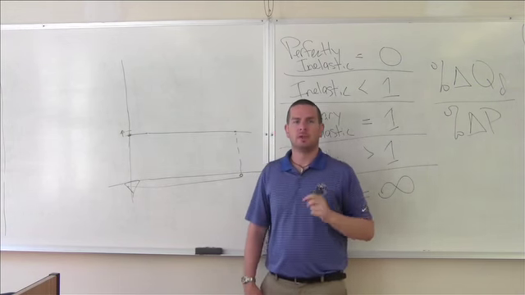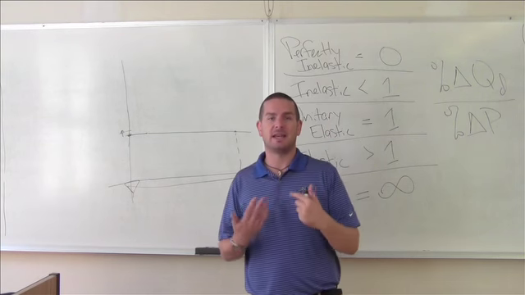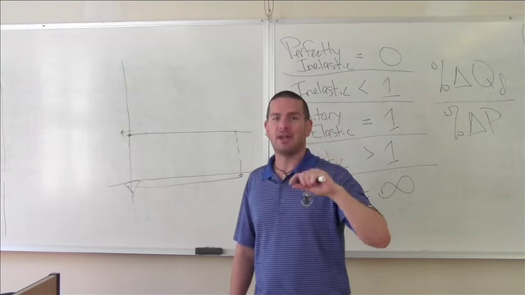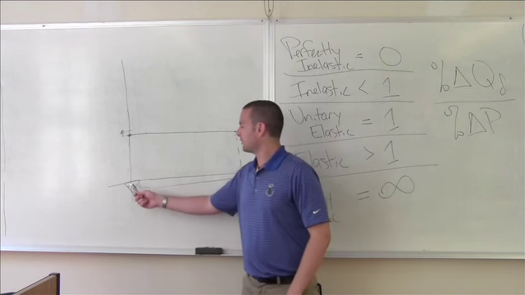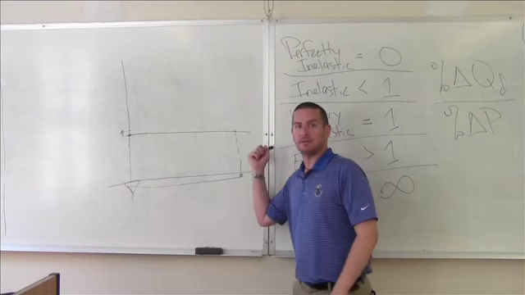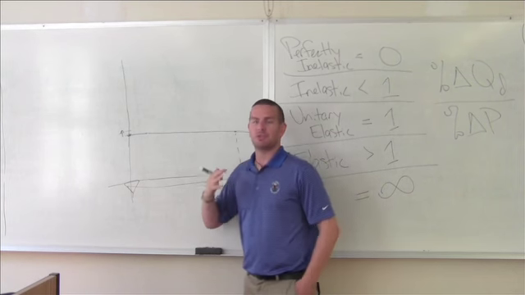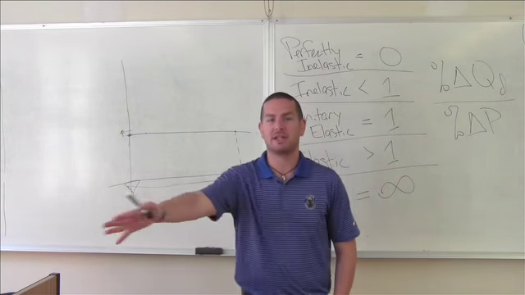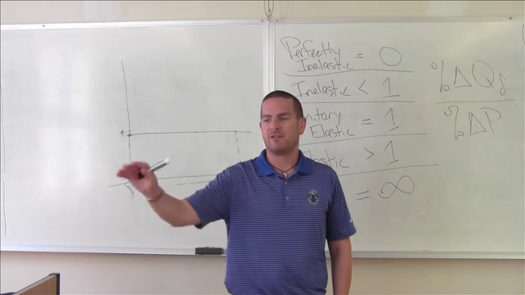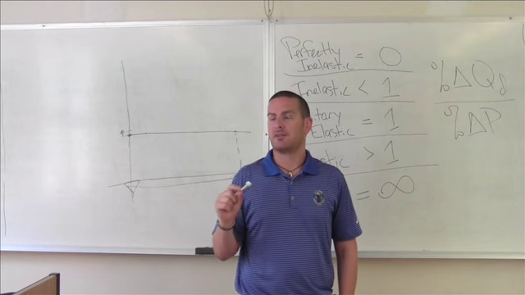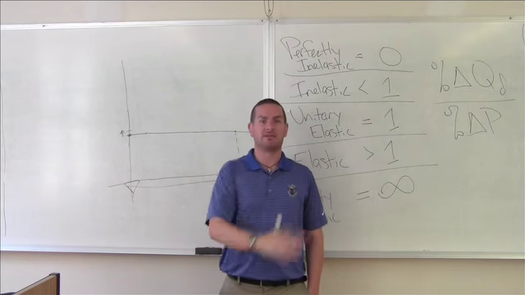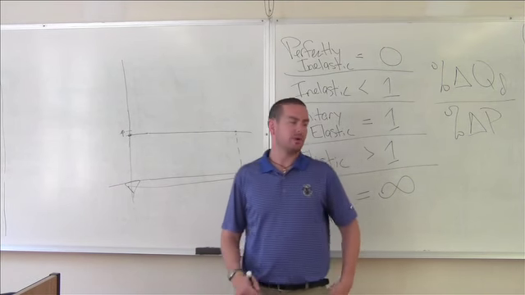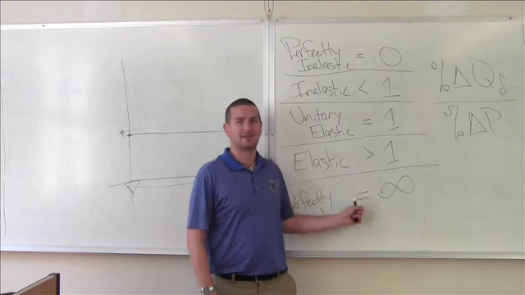On the other hand, if the price goes down half a cent, then demand goes from 0 to infinity. So it's sort of like everyone rushes in if you're getting a bargain, and if you're not getting a bargain, even ever so slightly, everybody just leaves. That's what perfectly elastic is.